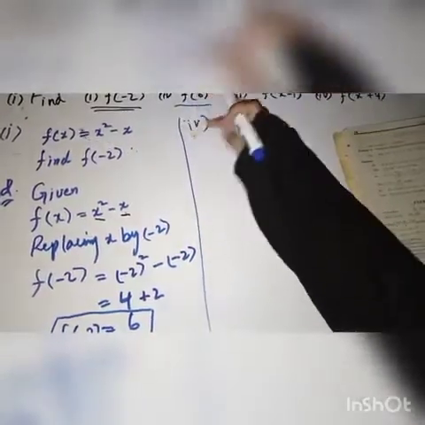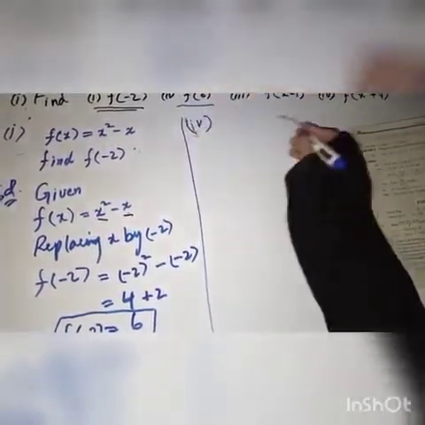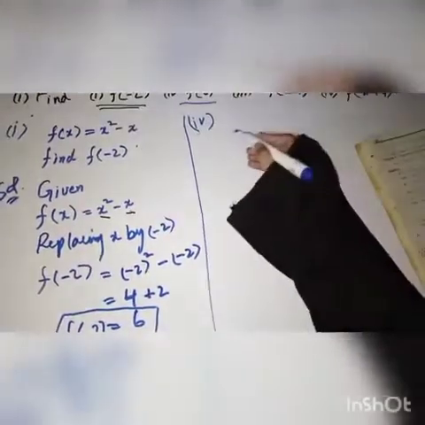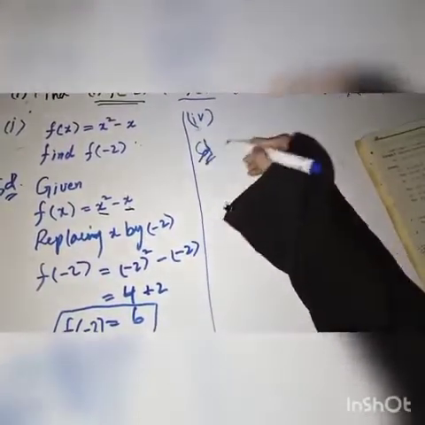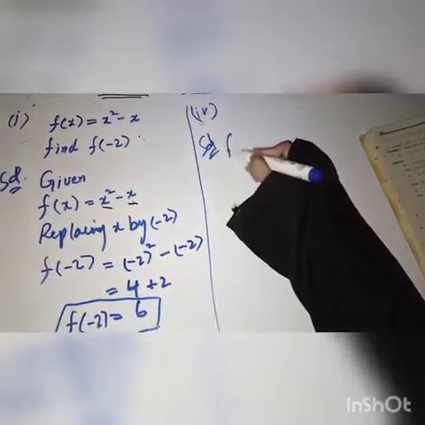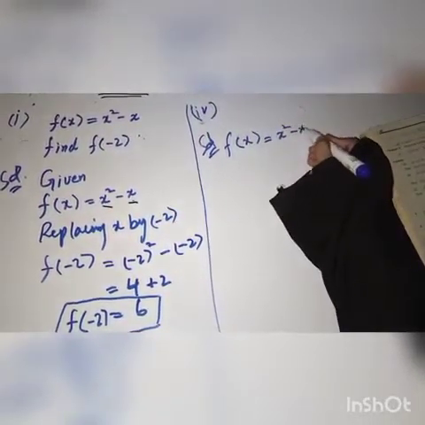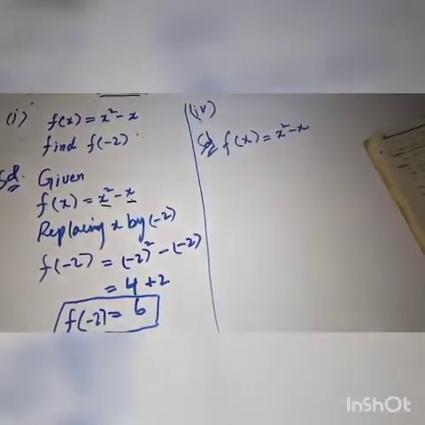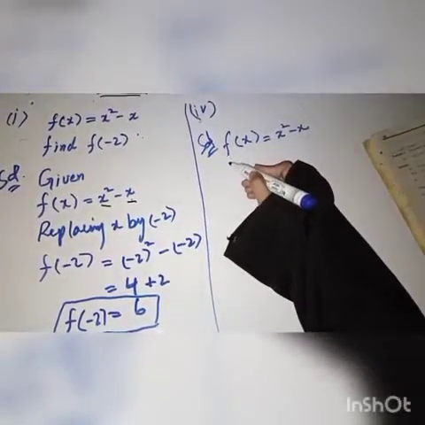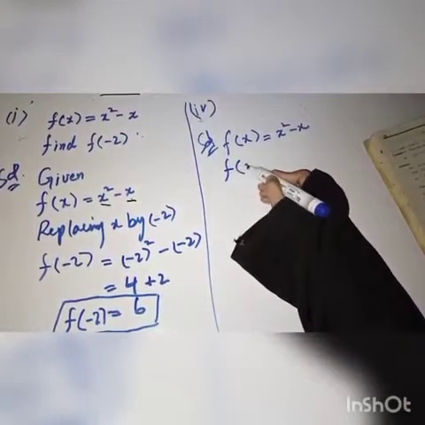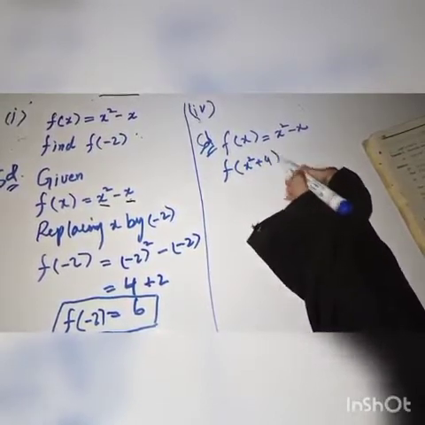Now I am solving fourth part. Given function f of x is x square minus x, while we have to calculate f of x square plus 4.